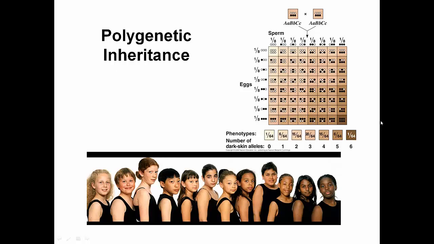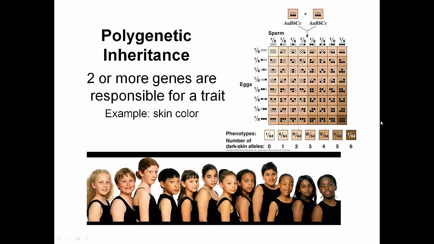Polygenic inheritance is your next pattern. This is saying that certain traits, like skin color, eye color, and hair color, aren't as easy as we make it. We were saying, okay, if you have blue eyes, you are little b, little b. If you are not blue eyes, then you have capital B, little b, or capital B, capital B. This is saying it's not that easy.